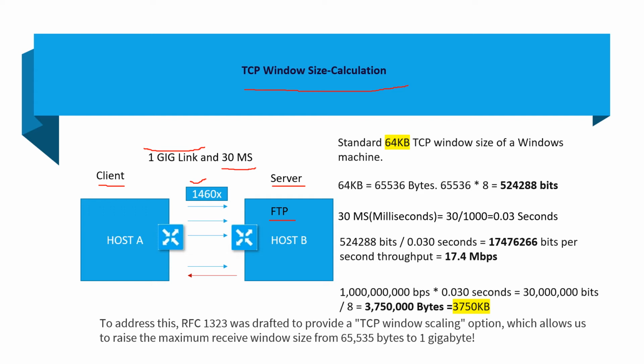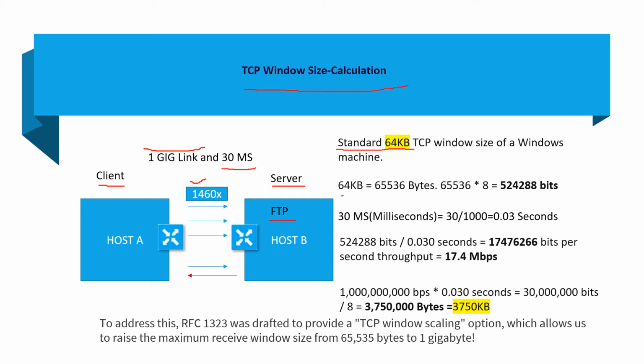Now let's discuss a standard window size from a Windows machine. The standard TCP window size from a Windows machine is going to be 64 KB. That is standard if you use all the 16 bits.